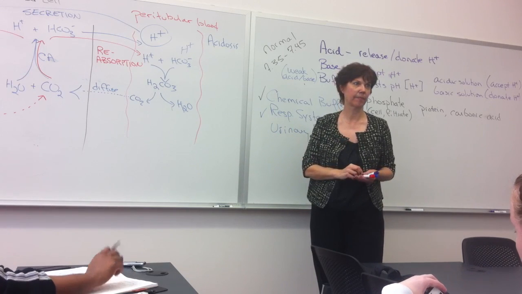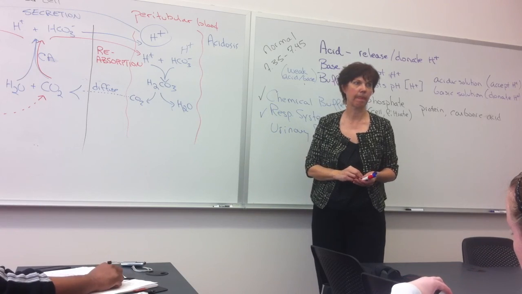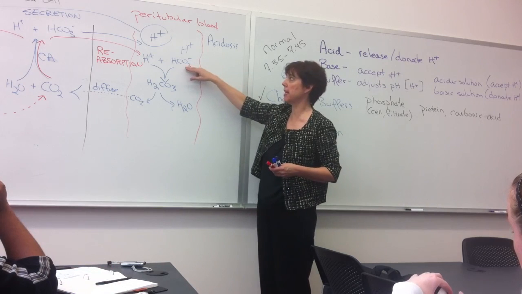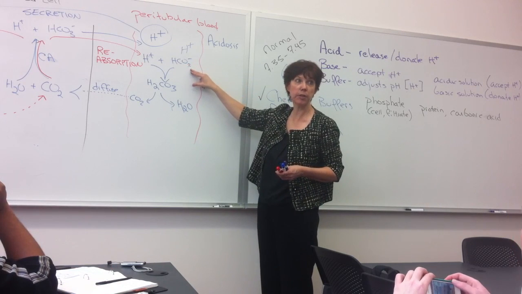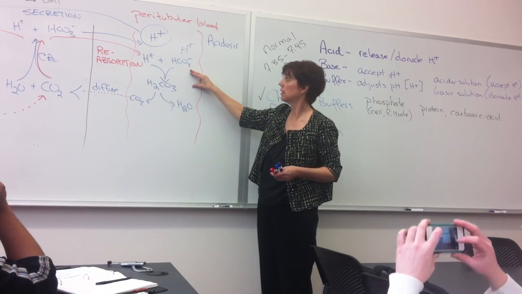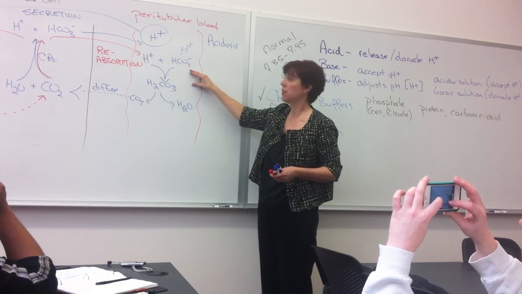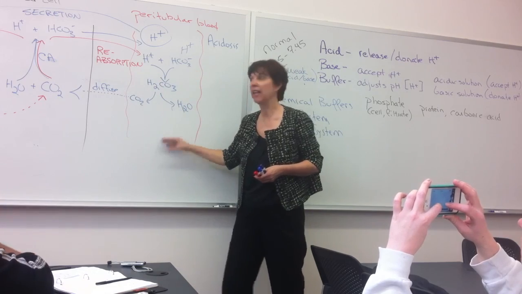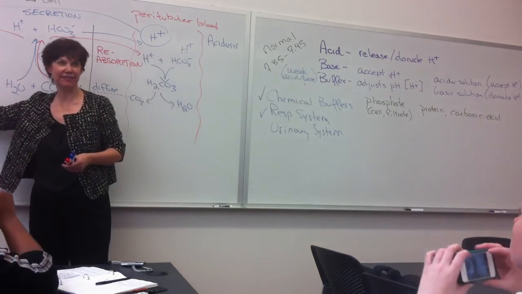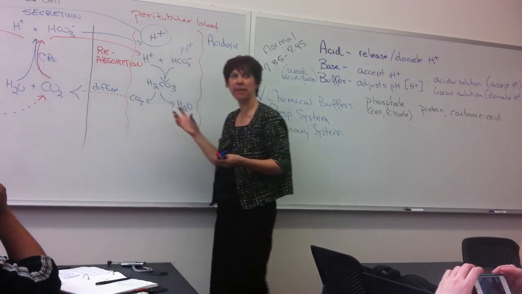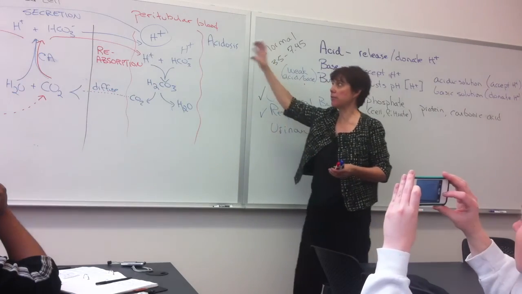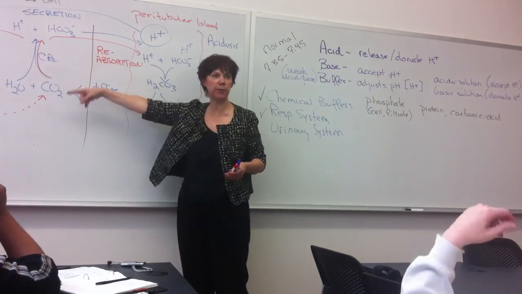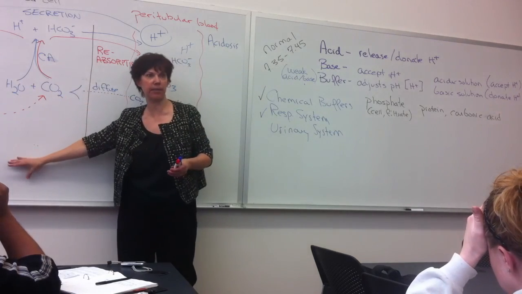Looks like it all cancels each other out. Yes, but remember this CO2 came from CO2 that was already here. Okay? So what we've done is actually added new bicarb and new hydrogen. So yeah, it looks like it's the same chemical, but we took a hydrogen ion. The reason it looks the same is because we go through the same sequence. I could have written that as a separate pathway.